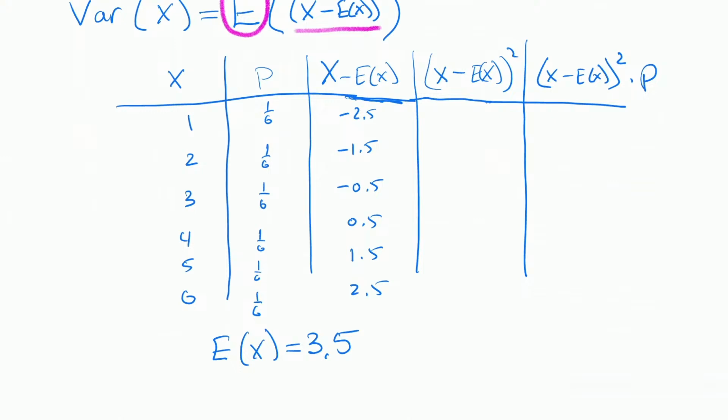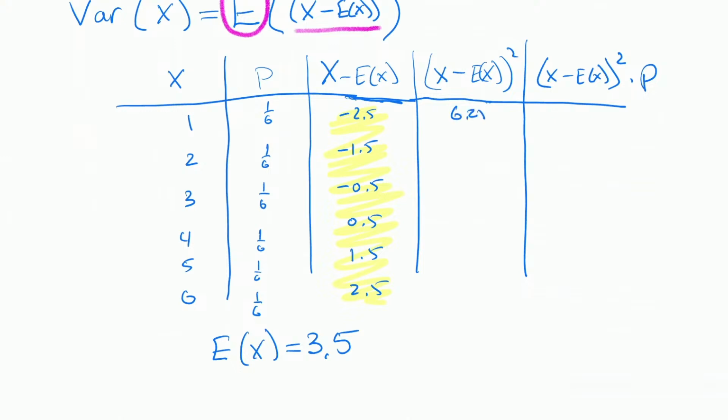The reason is that if we were to just average these together, you can see right off the bat that this column averages to 0 every single time. That's one of the properties of the mean. The mean is the middle, and if you average together the difference from the mean, you always get 0, no matter what data set, whether it's skewed, symmetric, uniform, I don't care what it looks like. Okay, so there's that. Now let's square this.